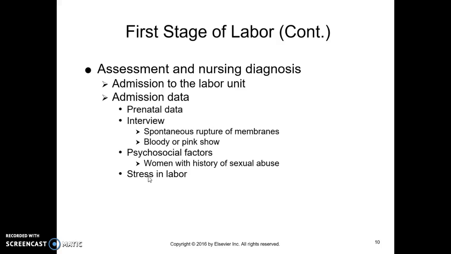You want to know if their water is broke, what kind of contraction pattern they're reporting, their pain level, vaginal discharge, their respiratory status, any allergies they have, their birth plan, and their feeding plan, if they plan to breast or bottle feed. The nitrazine test is something you'll use to see if their membranes are ruptured. On page 434 in your book is box 19-1 that goes over the nitrazine test.